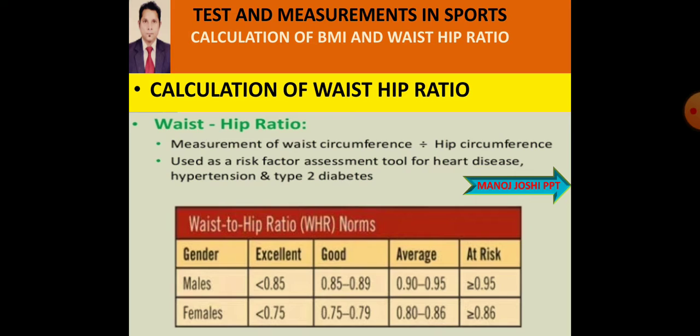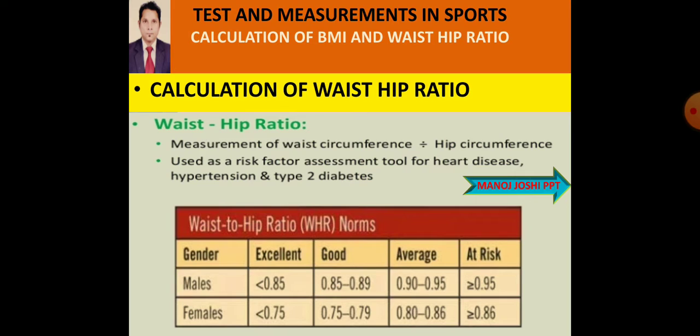In case of gender male, if it is less than 0.85, it is excellent. If it is 0.85 to 0.89, it is good. If it is 0.90 to 0.95, it is average. And if it is more than or equal to 0.95, that is at risk.